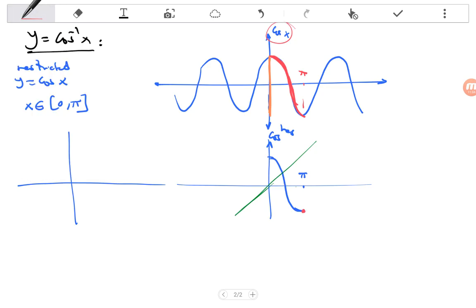We have, for example, these 3 special points. This point is pi and -1. This point is pi over 2 and 0. And this point is 0 and 1. For the inverse function, we'll just switch or interchange the values of x and y. Okay?